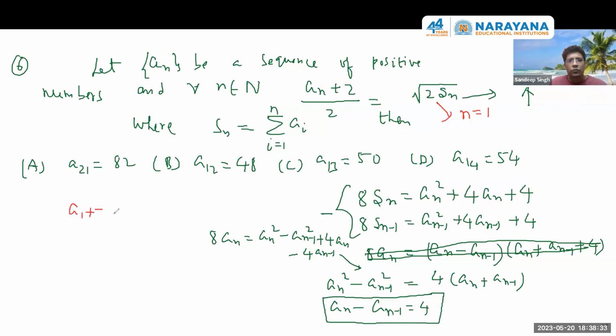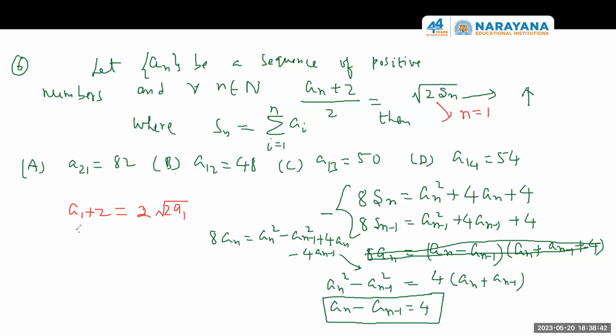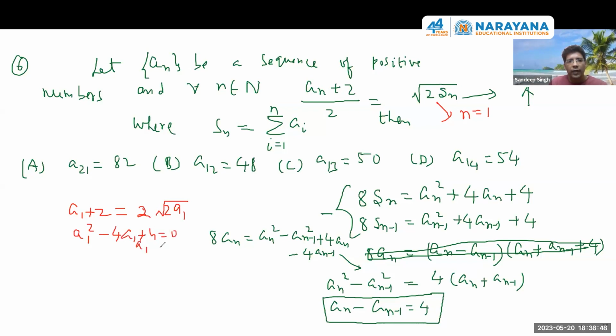So a1 plus 2 will be 2 times the square root of 2a1. Squaring this, a1 squared minus 4a1 plus 4, so a1 is going to be 2. Now this is a simple AP problem. First term is 2, common difference is 4. Rest all you can do it.